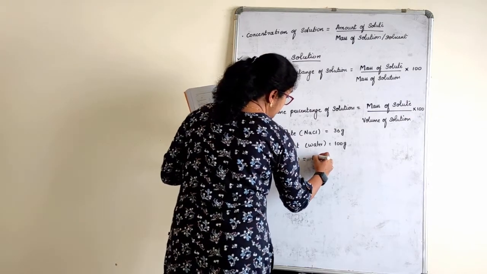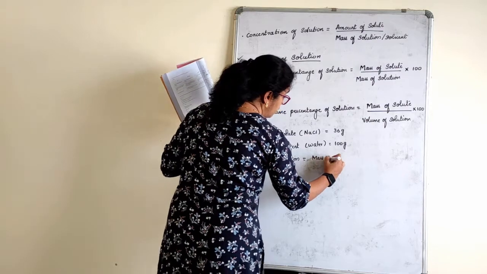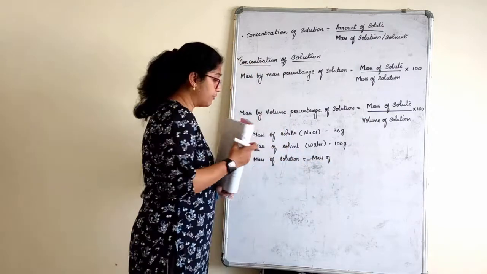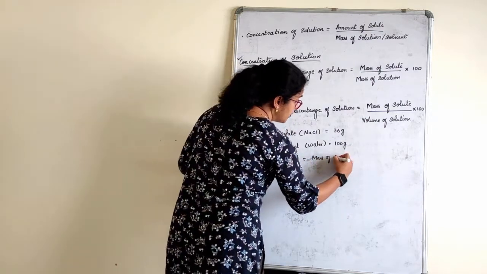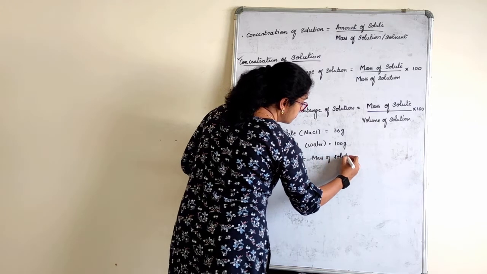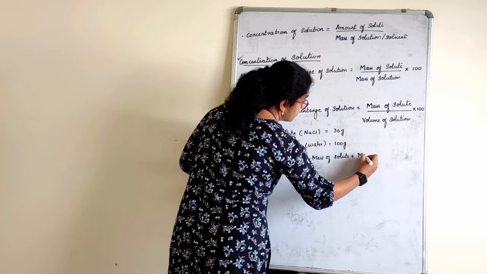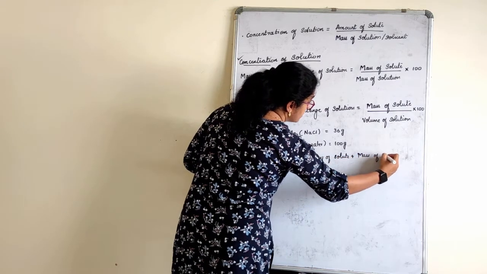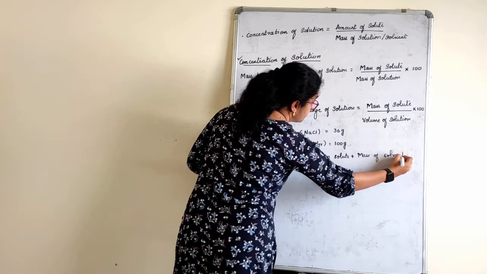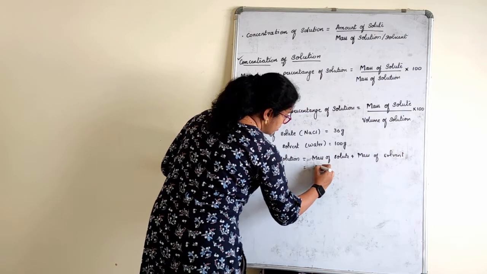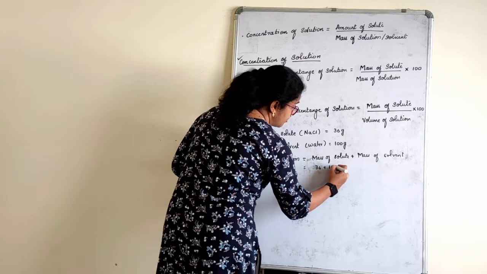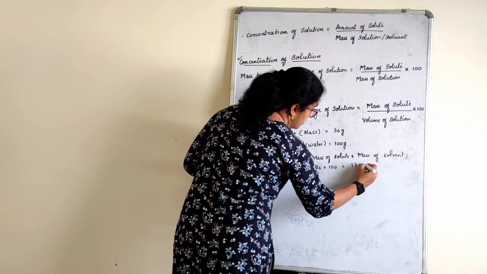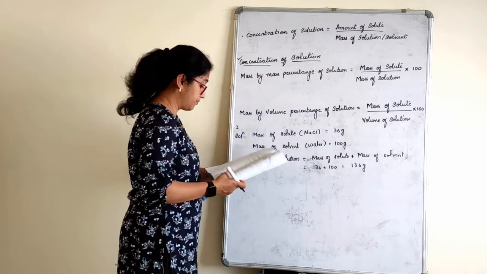What we have to do here is mass of solution, mass of solute plus mass of solvent, which is 36 plus 100, that is 136 gram.